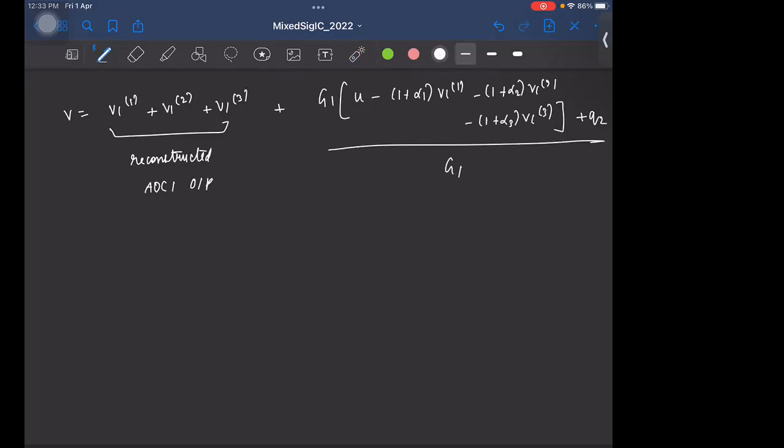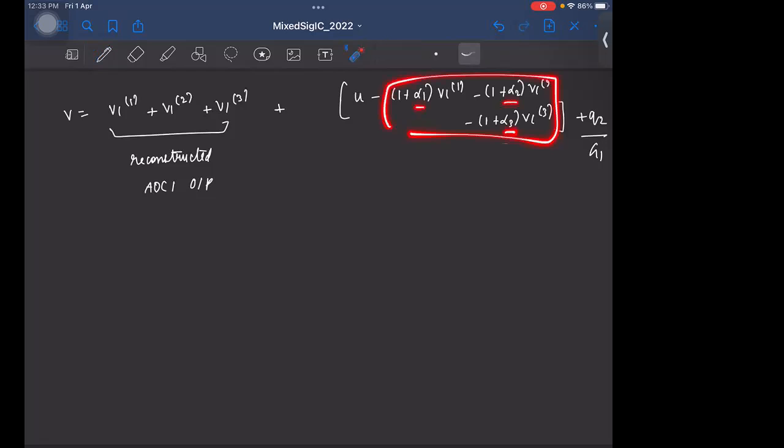That's fine. So let me just simplify it. I'll just cancel G1 from these two. So I'll just have this. Again, ideally, if alpha 1, alpha 2, alpha 3 are all 0, this portion will exactly cancel this. We'll not have issues. So now looking at this expression, can you tell me what you can do so that you can cancel this error terms?